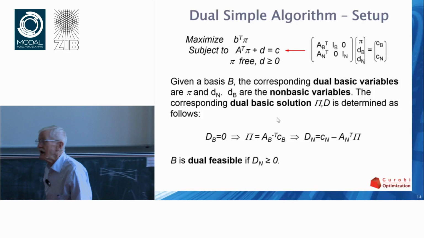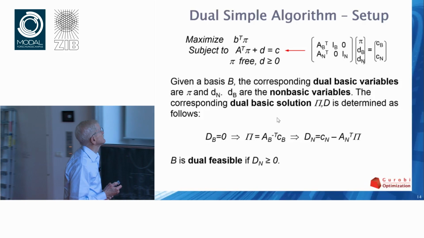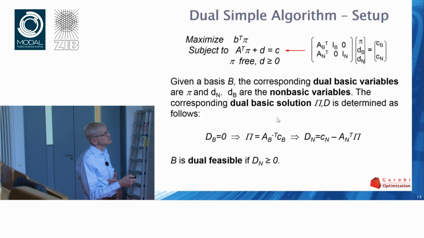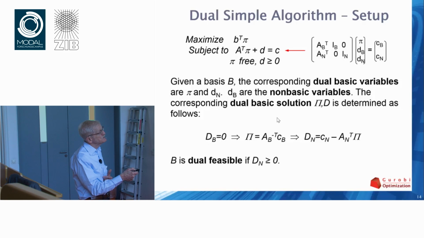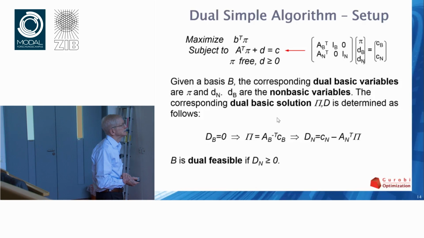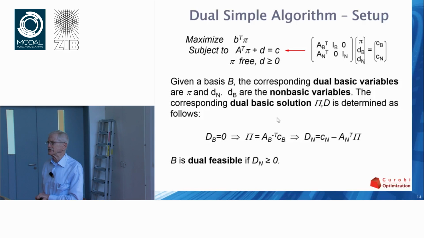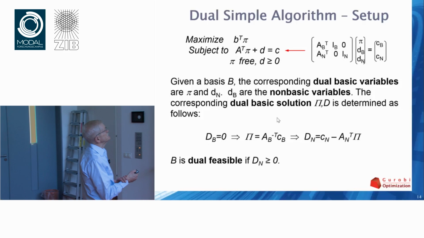And the remaining, well, that's the basis matrix. If that's the basis matrix, this I_B part has got to be the non-basic part. And our rules for basic solutions are we set the non-basic variables to their bounds. So you set d_B equal to 0.